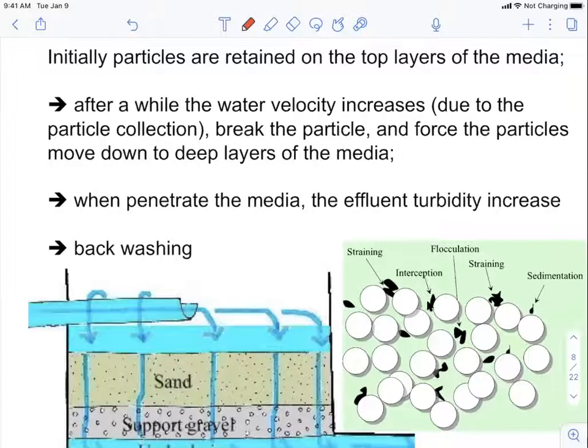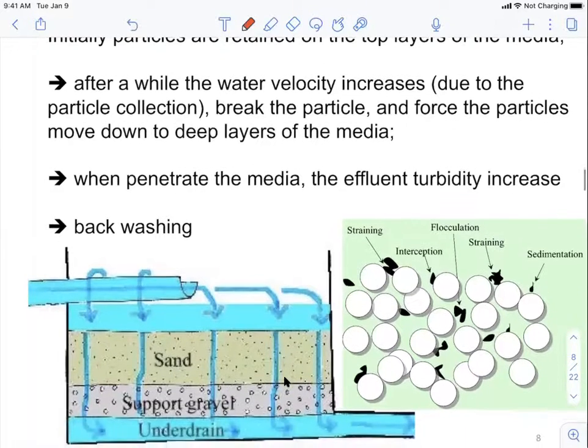That's going to increase the velocity of the water through the top layer of the sand filter. If the water velocity becomes higher, it's going to break the particles and force them to move down, basically flushing these smaller particles deeper into the sand layer.